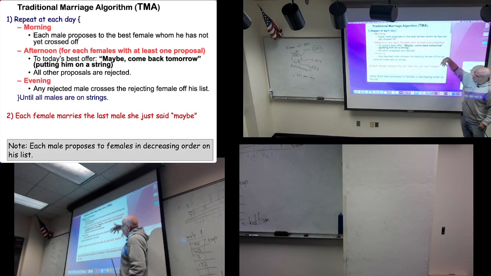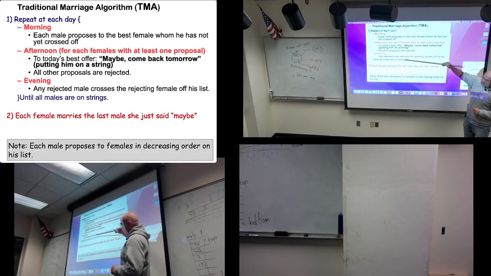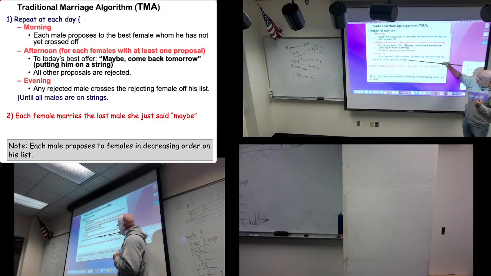This process of rejection and putting on a string keeps on going until each and every male is on a string. We will have to prove that it happens, but it does. At some point, every male is on a string with one of the females. And at this moment, the algorithm stops.